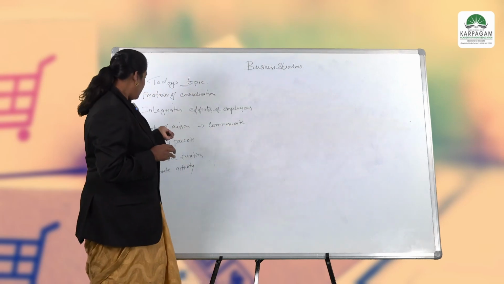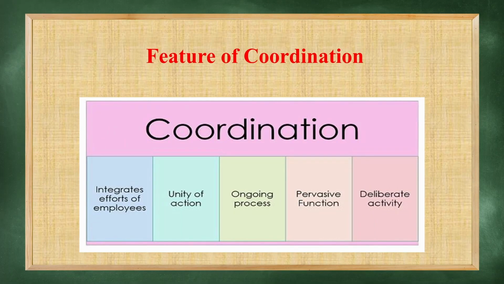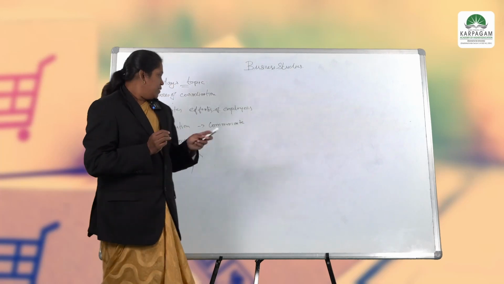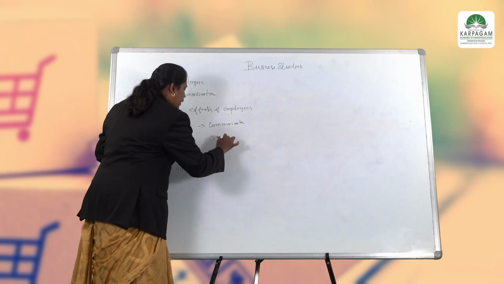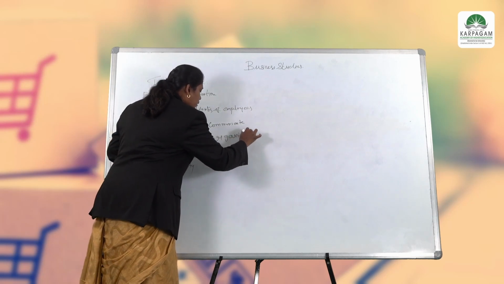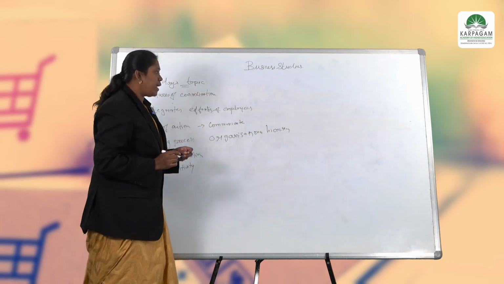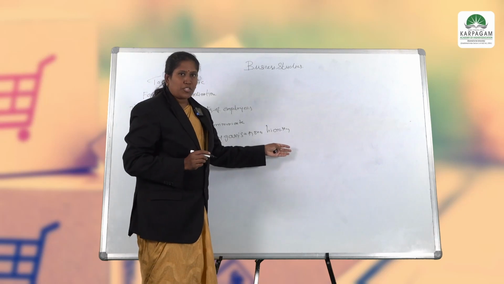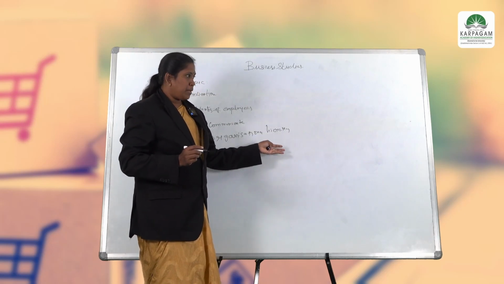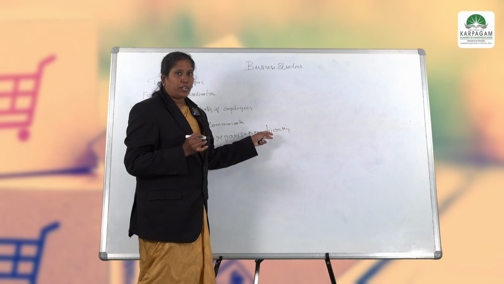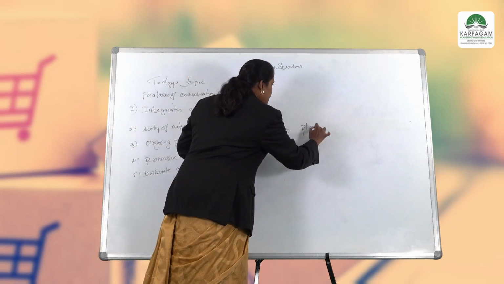Next one is ongoing process. The coordination process starts right from the beginning, from planning the objectives itself. So we have to plan accordingly. The next one is organizational hierarchy. Like the boss and managers, various department heads like production department heads, sales department heads, marketing research department heads have to be chosen according to the plan, everything focusing towards the plan.